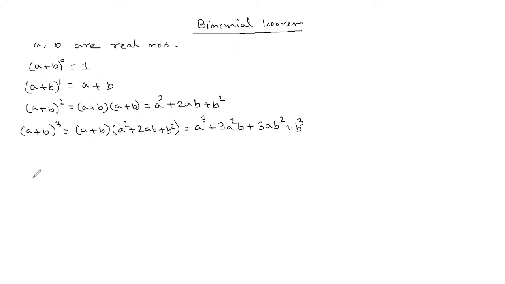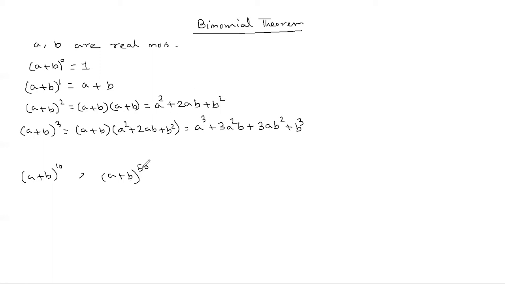But if I want to find (A plus B) power 10 or (A plus B) power 50, then we are going to face really difficult situations, right? So for higher powers, whenever I'm taking two elements A and B, (A plus B) power n, the higher powers are involved.